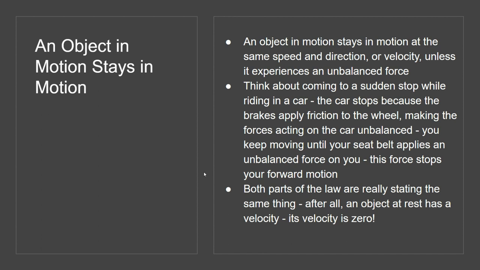You are not moving sitting in the car. Like your body, you're just sitting there. You're like, oh my gosh, I'm so tired of sleeping. But your body is still moving at 60 miles an hour because you are in an object that is moving 60 miles an hour. If you were to suddenly hit something, your car were to hit something, your body still wants to travel at 60 miles an hour.